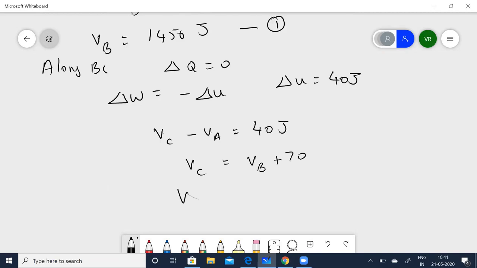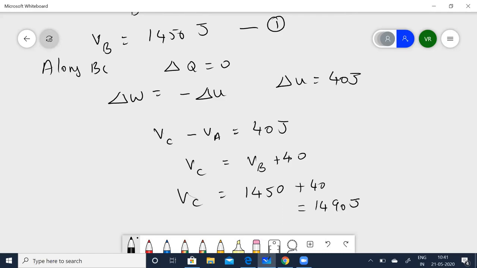So VC is equal to VB plus 40. I'm sorry, not 70, I made a mistake here. It's 40. So we already know VB is 1450 joules, plus 40, so that gives you 1490 joules.